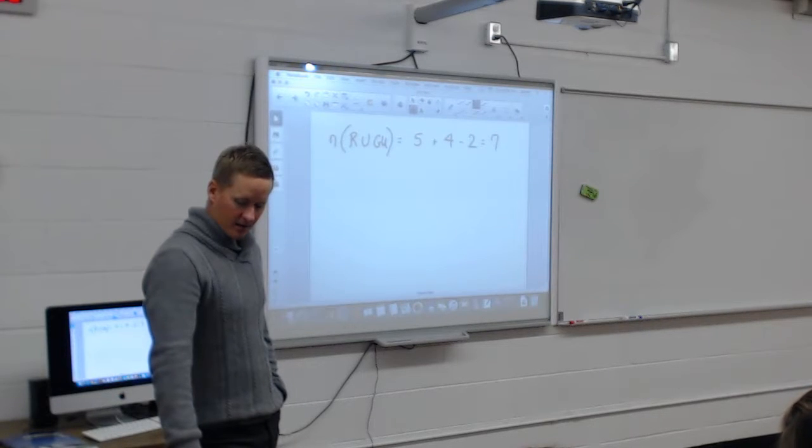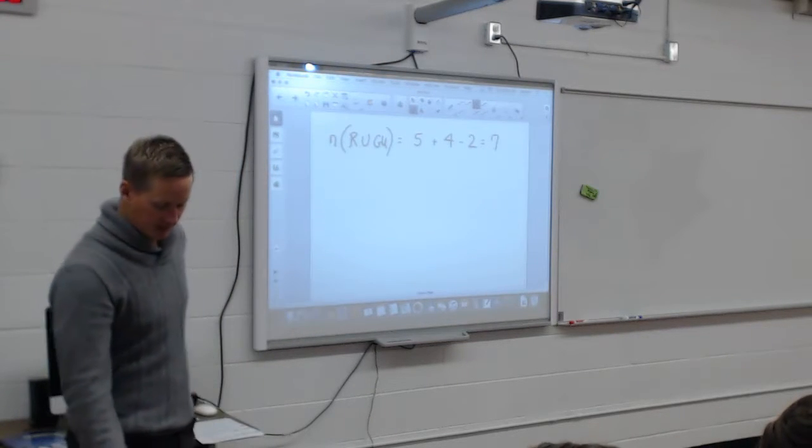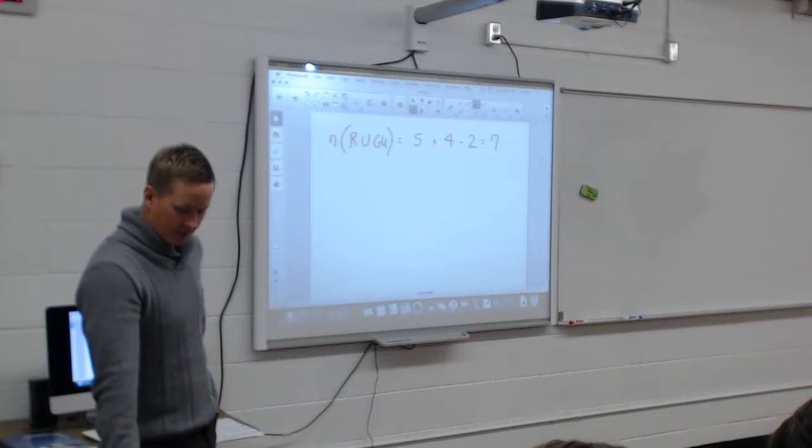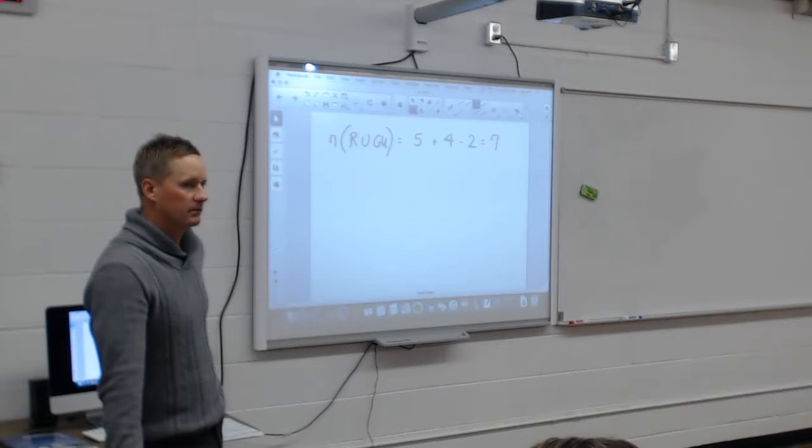So now neither round nor grows underground. This one's worded a little bit different. Okay, so I want neither round nor grows underground. Beans.